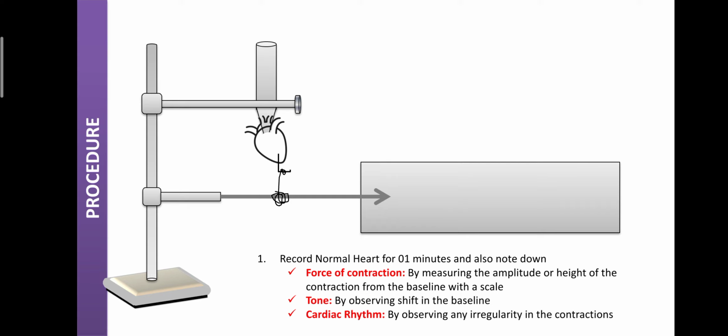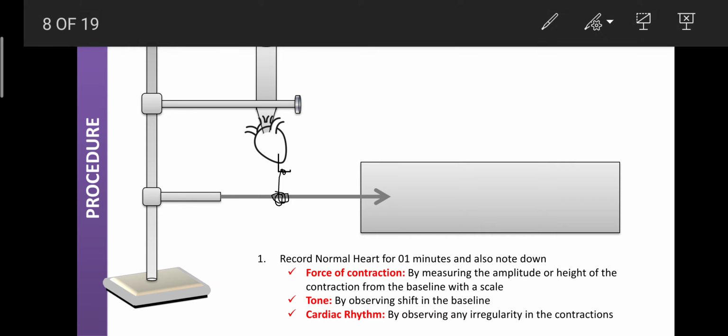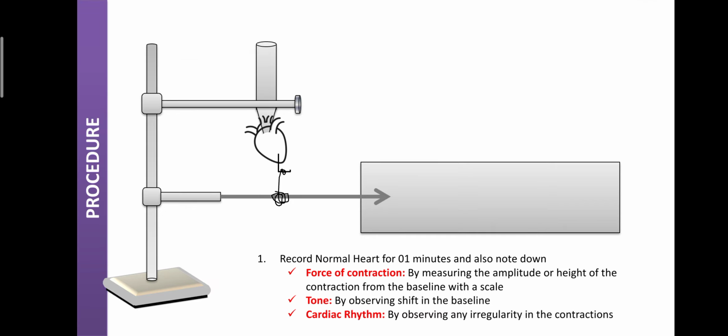So dear students, first we record the normal heart rate for 1 minute and also note down the force of contraction by measuring the amplitude or height of the contraction from the baseline with a scale. Then note the tone by observing the shift in the baseline, and the cardiac rhythm by observing any irregularity in the contractions.